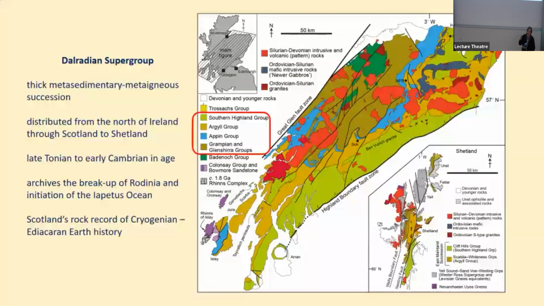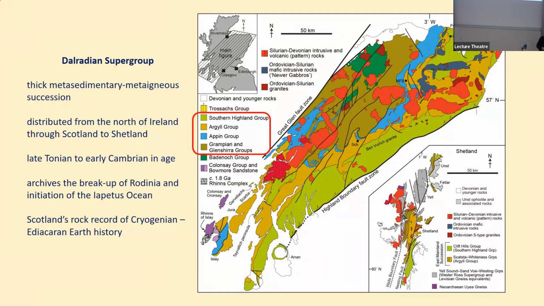Just to remind everybody, and I guess I really don't need to do this because you all know what I'm talking about, this package of rock that's sandwiched between the Great Glen and the Highland Boundary Fault, the Dalradian, on the left-hand side, are the suite of characteristics that typify the Dalradian succession here in Scotland. It's a fairly thick package. How thick we could argue, but we're certainly talking kilometers, many kilometers.